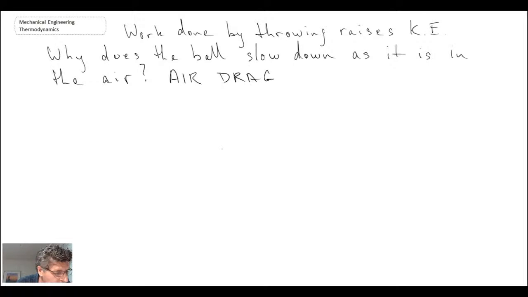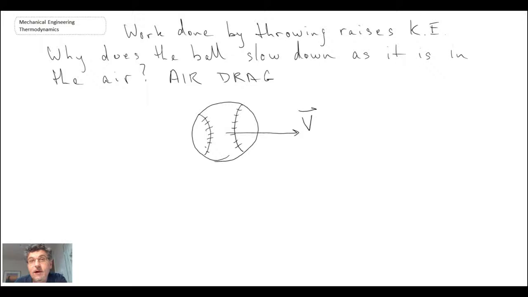flying through the air. So what I'm going to do is draw a larger picture of our baseball, a zoomed in picture, and we have our seams. And it may be spinning, it may not be spinning, it's hard to say. But the ball, we're going to say, is moving at a velocity v, and it's a vector.